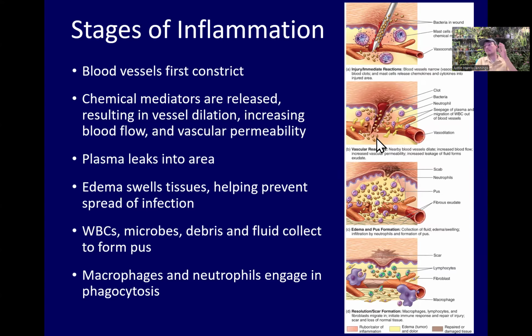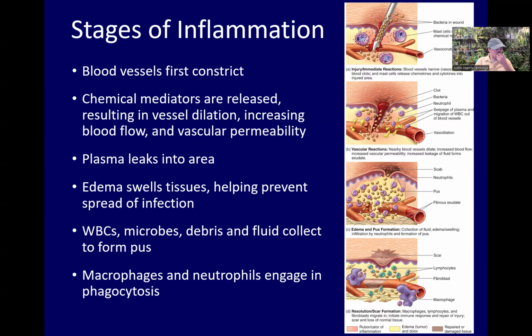This allows us to signal and pull in white blood cells circulating in the circulatory system into the tissue, to the local site of infection or into the wound. The first things that come up are neutrophils, and then there are things like basophils that help continue this process. But neutrophils are the big workhorse of the whole ordeal.